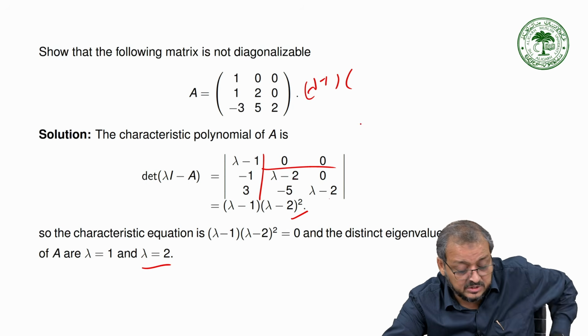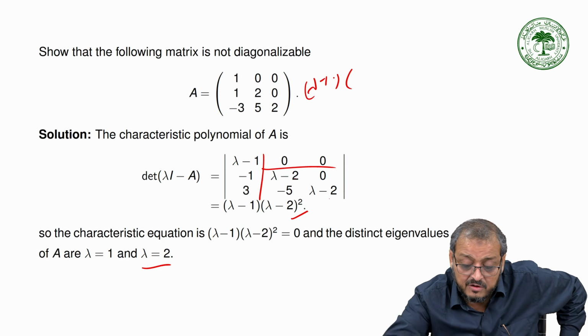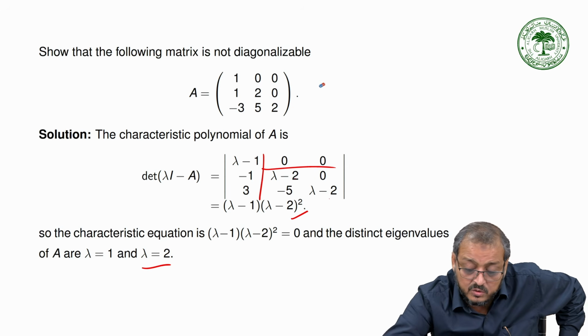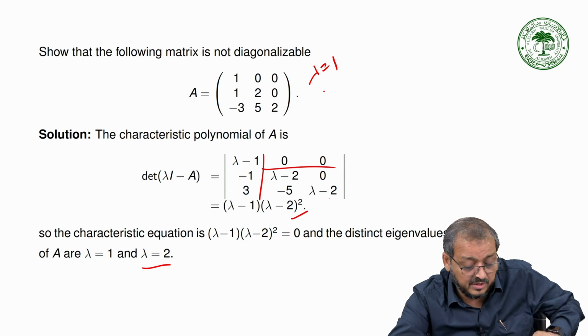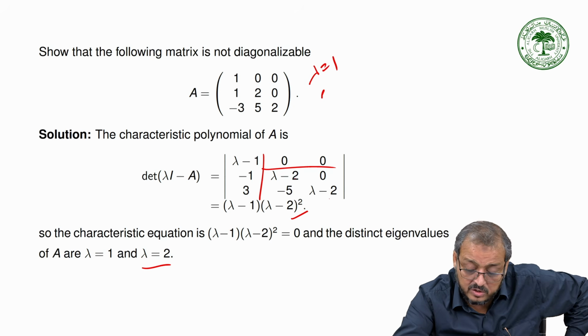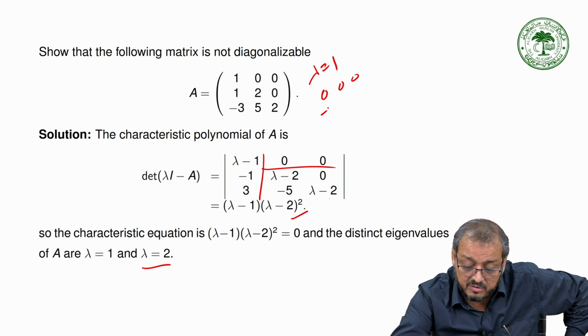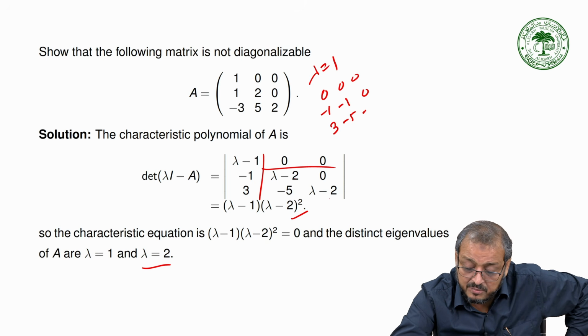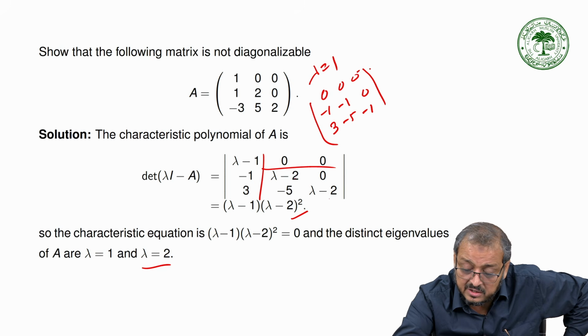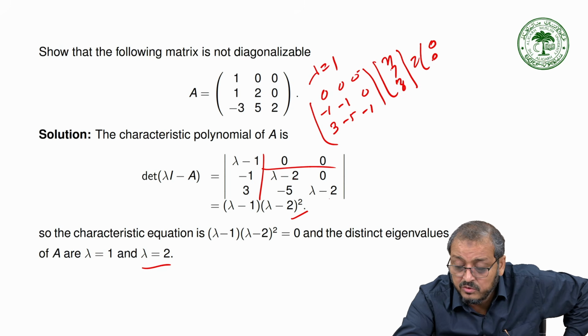Now corresponding to this, for example, for lambda equal to 1 we find the eigenvector. If we put lambda equal to 1, we have 0 0 0, then minus 1 minus 1 0, then 3 minus 5 minus 1, and then x y z equal to 0 0 0.